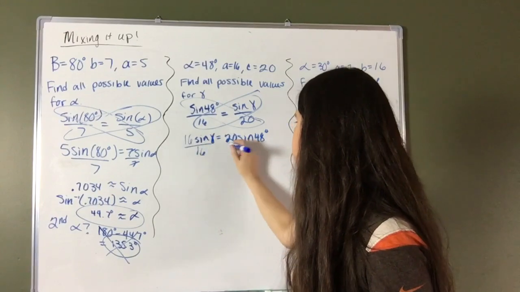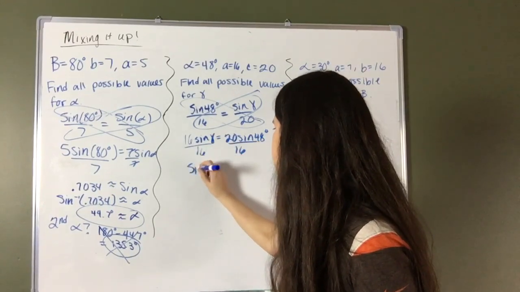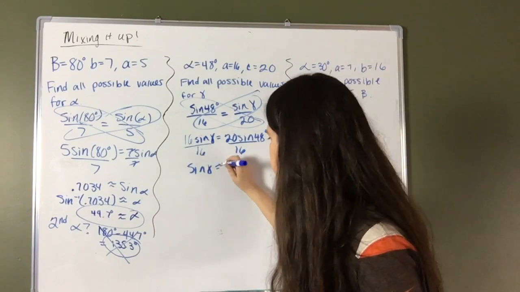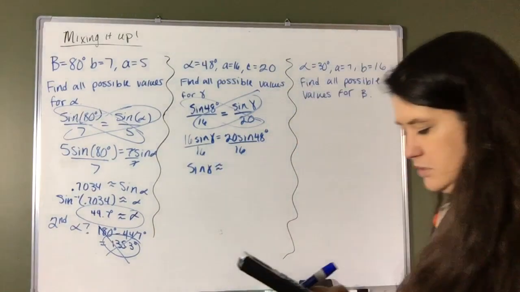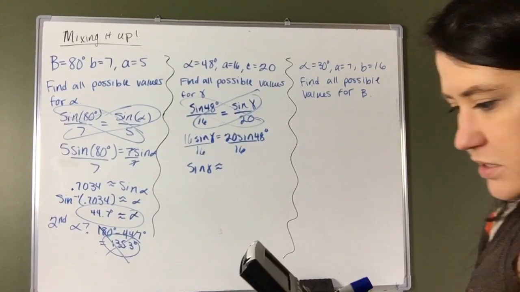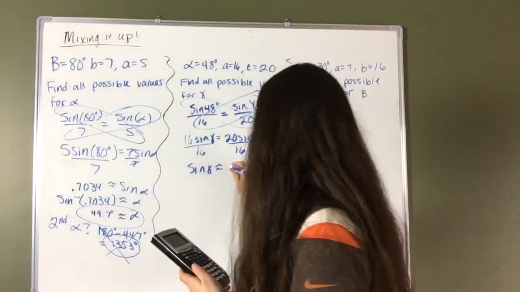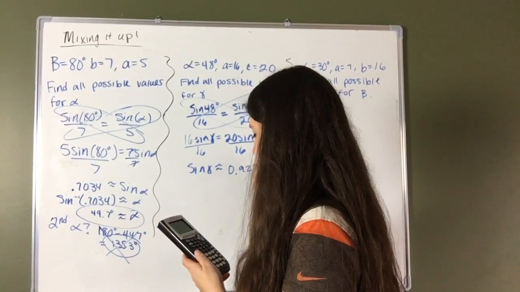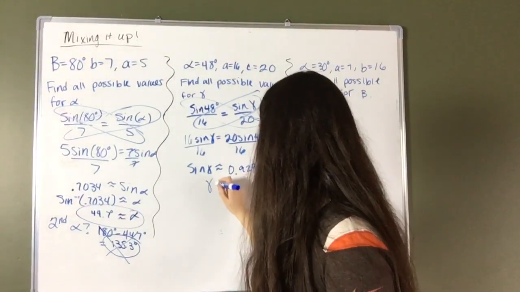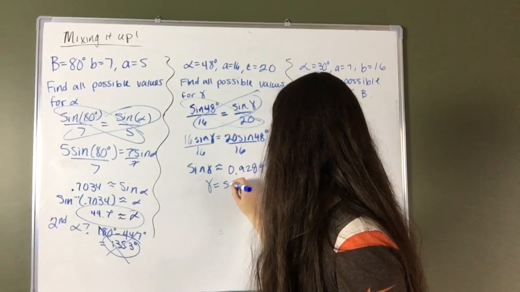Divide by 16, that gives us sine of gamma is approximately, type this in, 20 sine 48 divided by 16 is 0.9289.